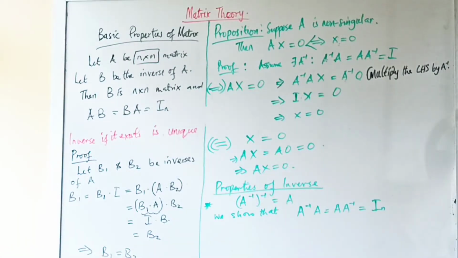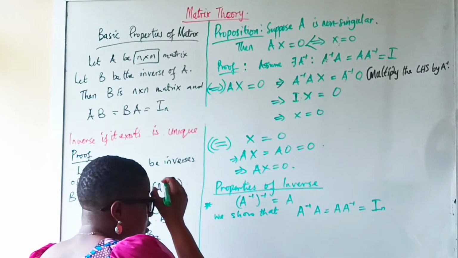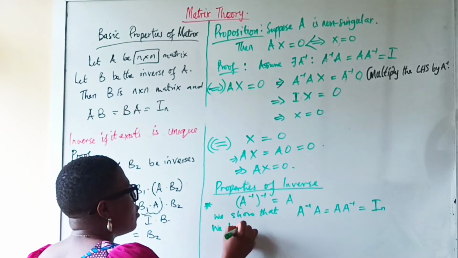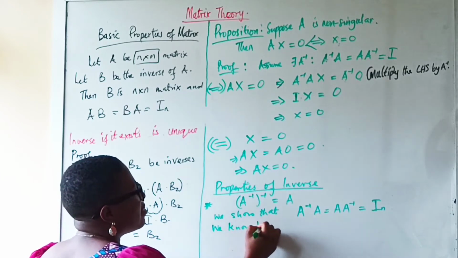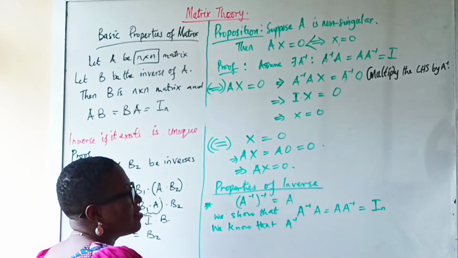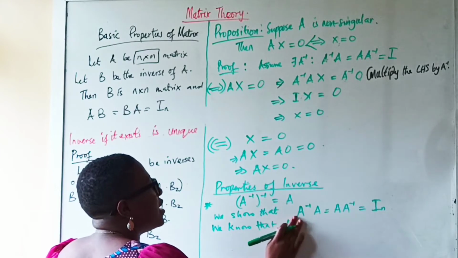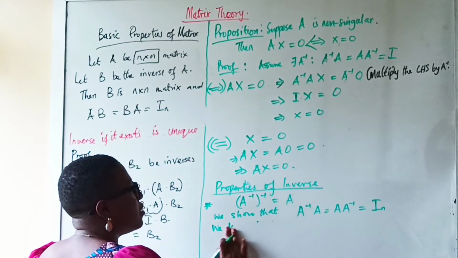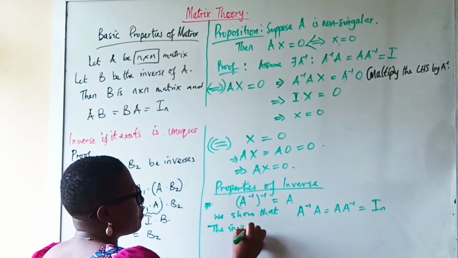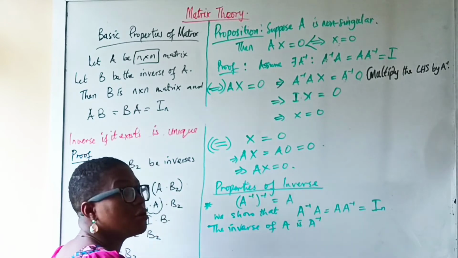Yes, the proof of it. But what do we know? We know that the inverse of A is A inverse, right? The inverse of A inverse is A by definition, is it not?